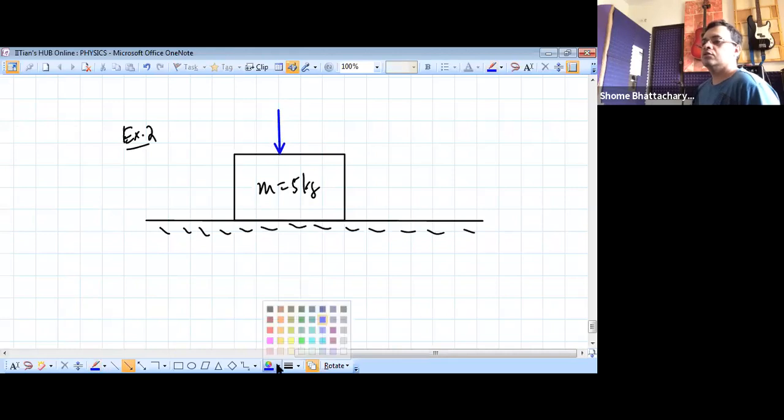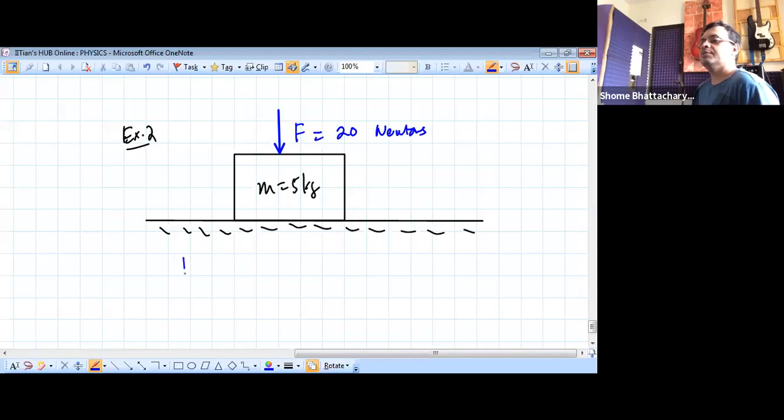So there is an external agent now who is additionally applying a force of, let us say, some magnitude. Let's just say for argument, this force is of 20 newtons magnitude.